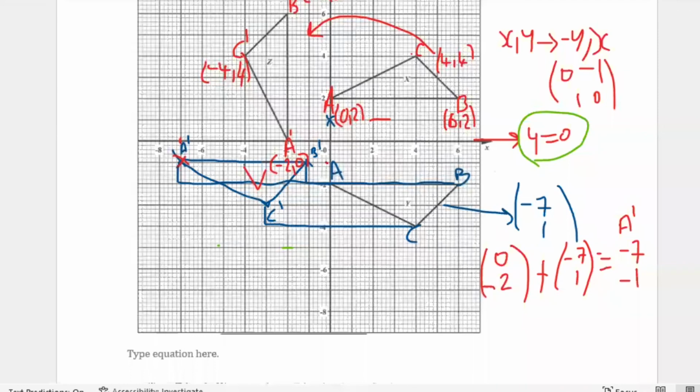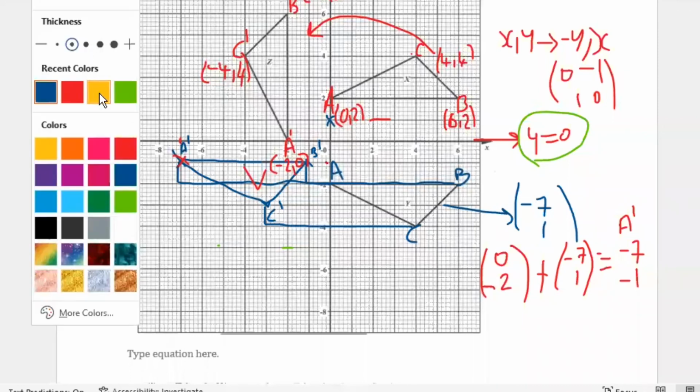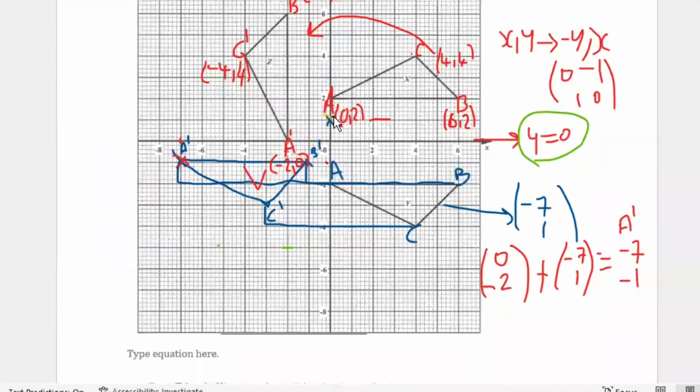Let me use another color. Okay, let's use yellow. So that is how we get this here. So now our new point for our enlarged image is 0, 1. Follow me, Bibi. You get that right?